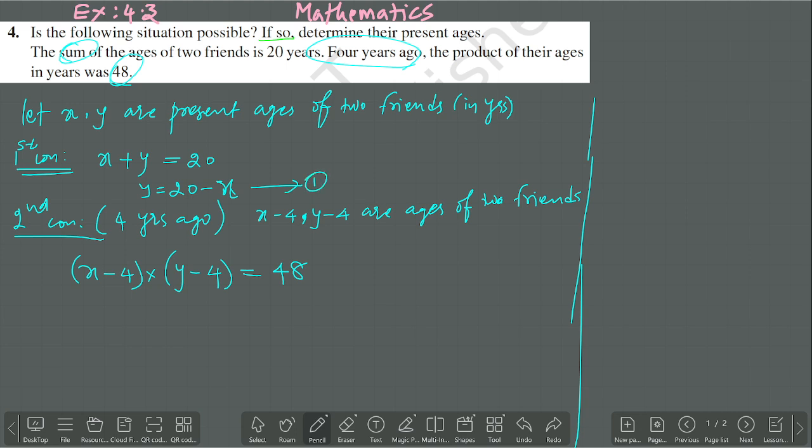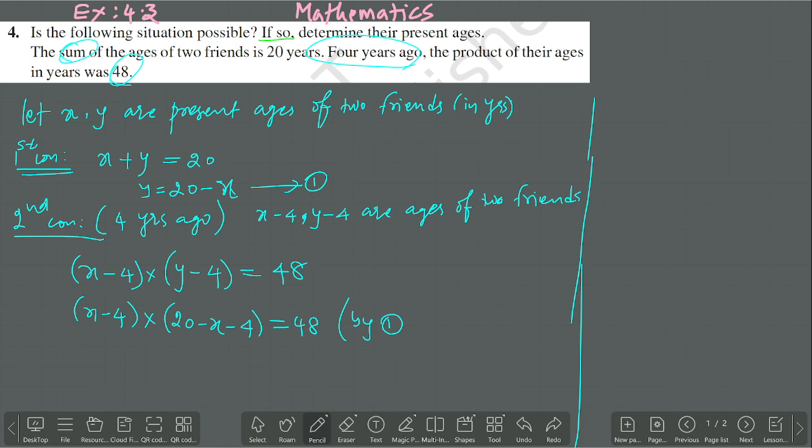Take that 1, substitute in the 2. So (x minus 4) into, instead of y, I am going to substitute (20 minus x) minus 4, which is equal to 48. The changes which I made are done by equation 1.